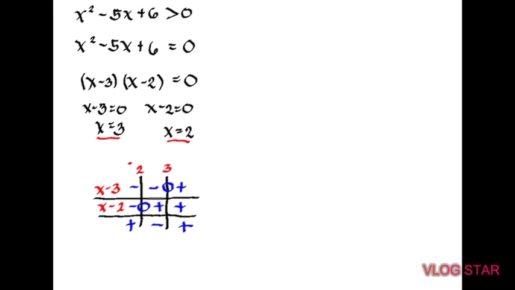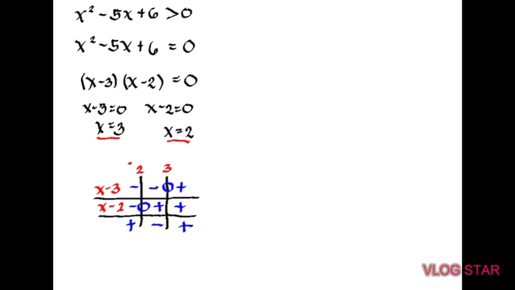So we wrote 0 on the intersection of 2 and x minus 2. And with 3, if we substitute 3 to x minus 3, this will also be equal to 0. So we have 3 minus 3, and that is 0. So we wrote 0 on the intersection of 3 and x minus 3. So that is how we do that.